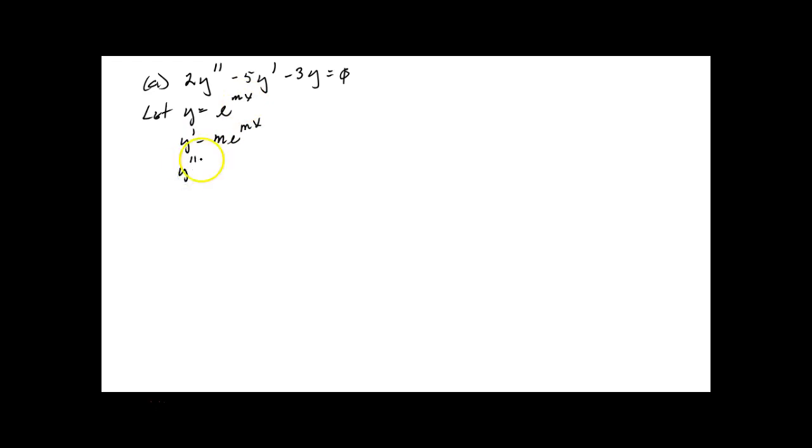And y double prime would be m squared e to the mx. And then when you fill that in, you get 2 m squared e to the mx minus 5 m e to the mx minus 3 e to the mx equals 0. Right?